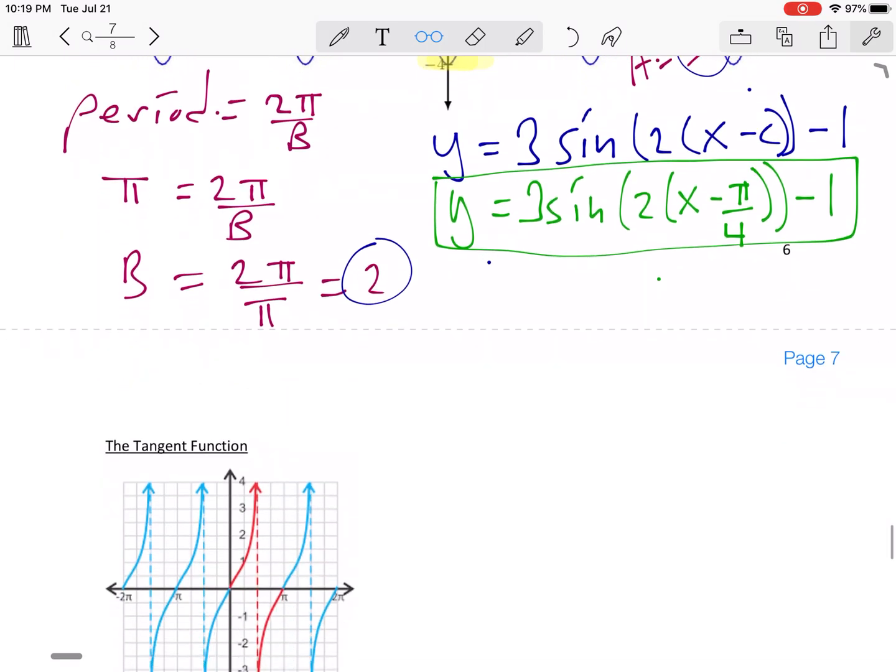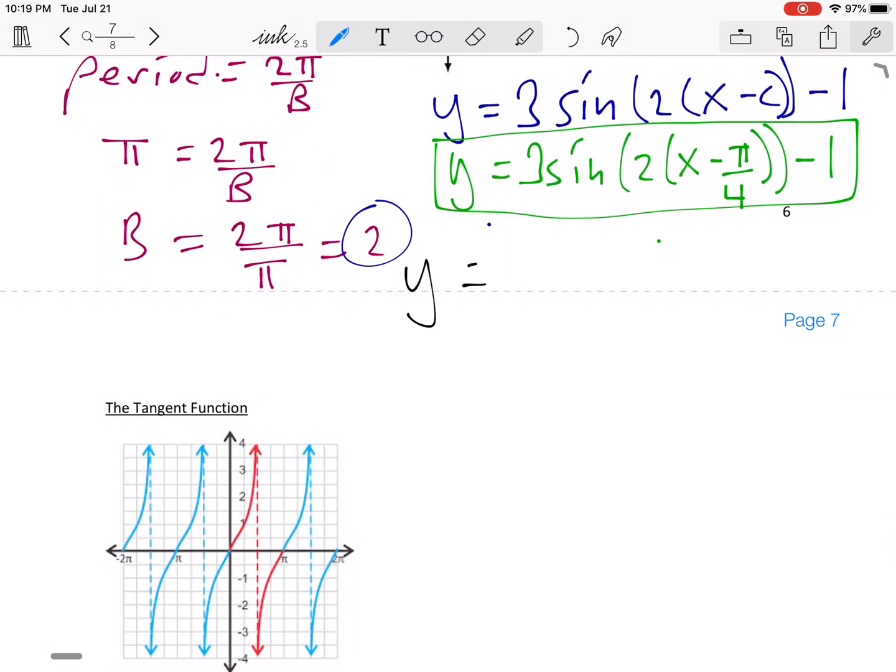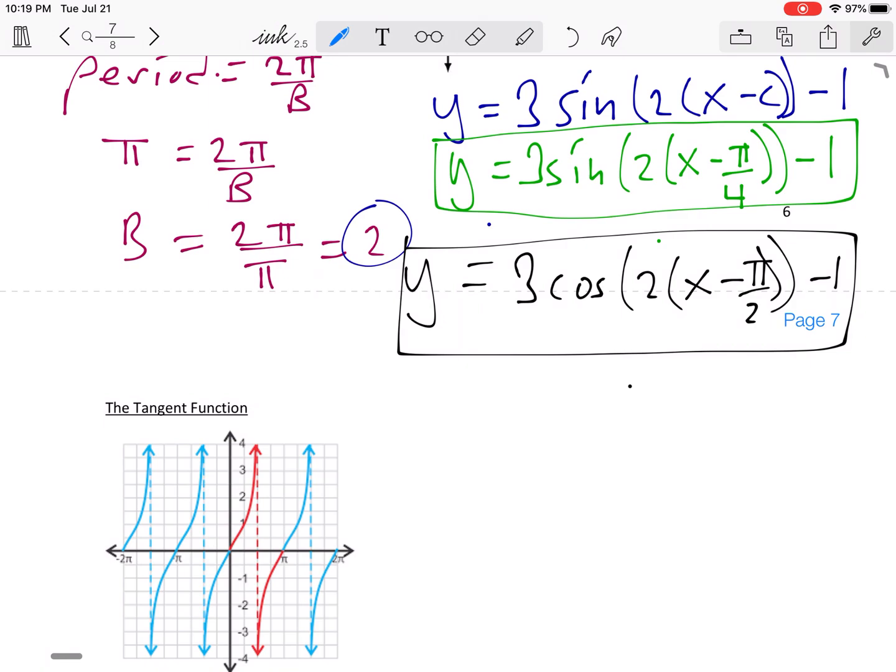So your cosine is going to be y equals 3 cos, the same 2 again, but the only difference is your shift, so this will be x minus pi over 2, minus 1. And for both of these, you can confirm with technology. You can put those into Desmos and see what you get. It should be the same picture there.